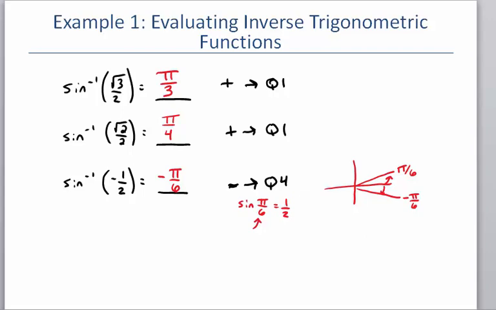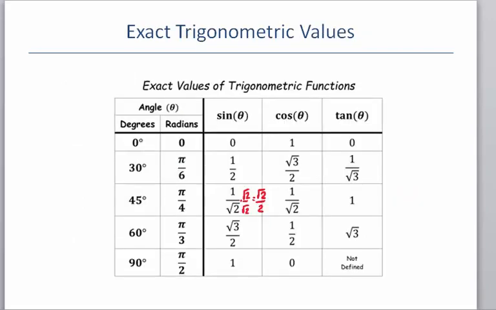Okay, let me give you one more of the sine ones. Let's say that we have sine inverse of positive 1. So I need an angle where the sine function is equal to positive 1. If I go back to my chart, I'm looking for a place where sine is equal to 1. I see that that happens at pi over 2.